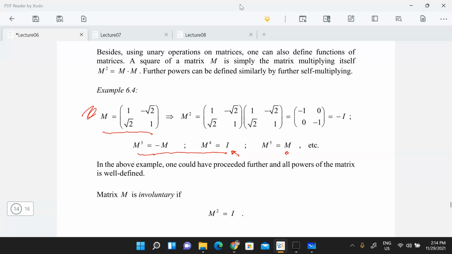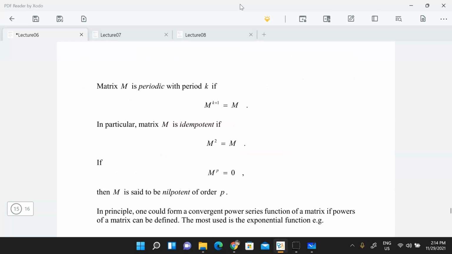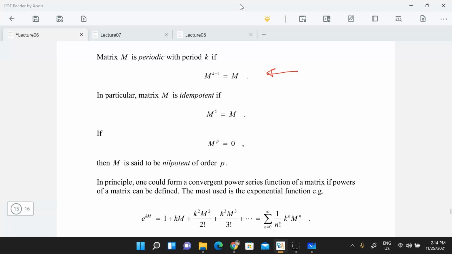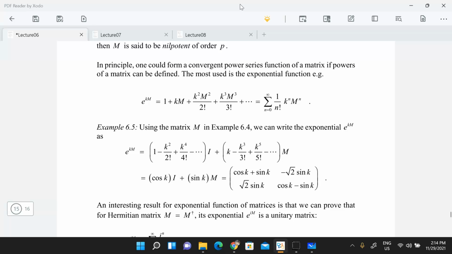Okay, so essentially we talked about periodic matrices before this. We have defined this over here. Okay, so one could use those properties to actually simplify the expression for this exponential.